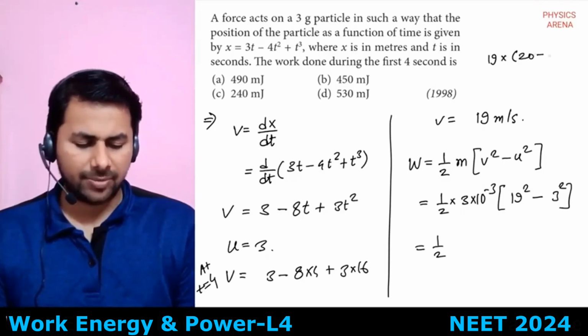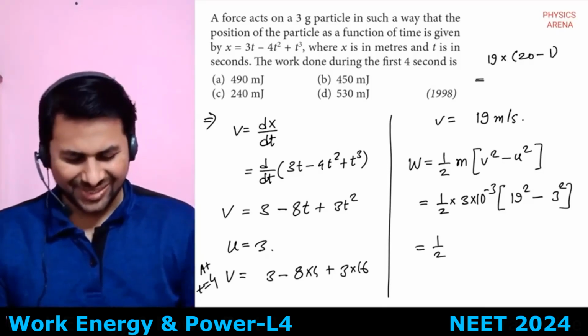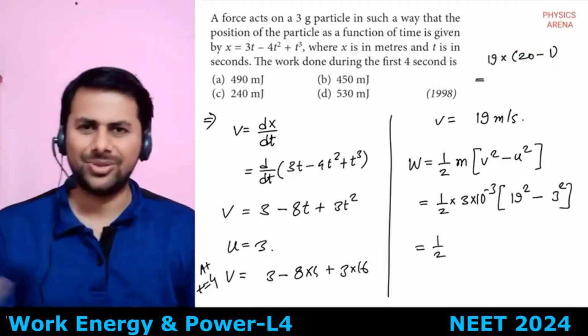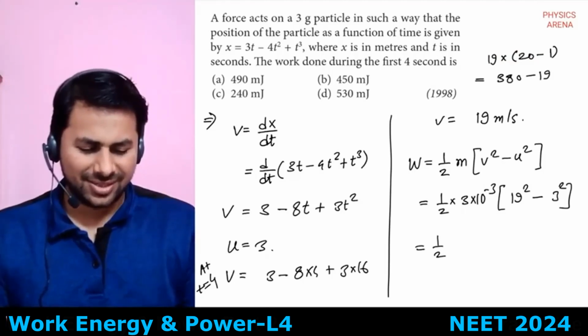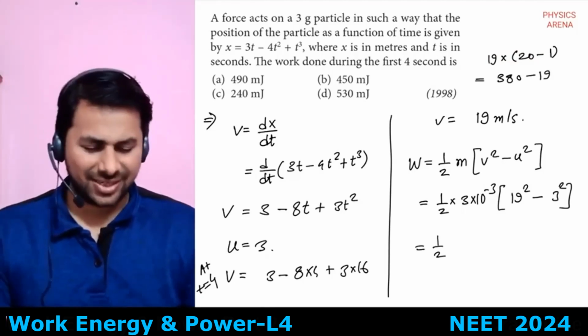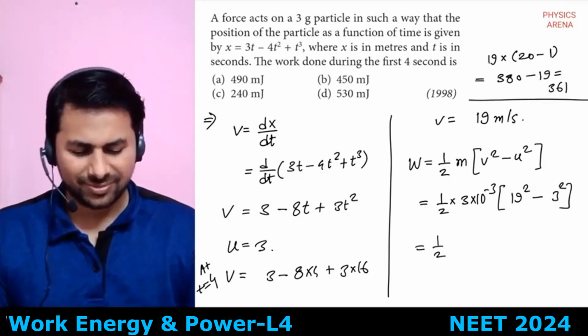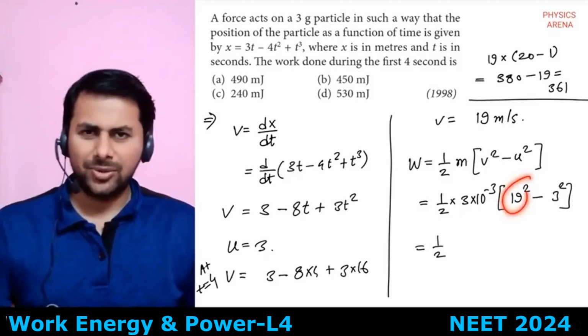Or I can say it is 19 multiplied by 20 minus 1. This thing is simple. 19 times 20 is how much? 19 twos are 38, so 380 minus 19 times 1, which is 19. So yes, it is 361, right? But it's good if you remember.